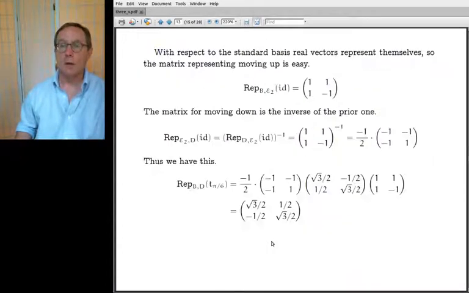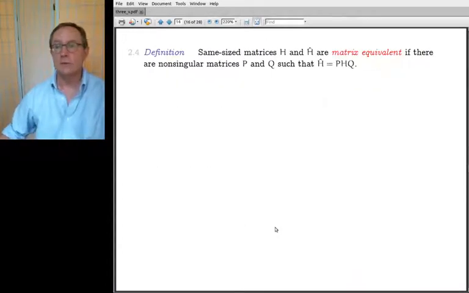And so when we finished last time, the very last thing that we showed is that we say two matrices are related by, the term for this relation is called matrix equivalent, if there are non-singular matrices P and Q where capital H is right multiplied by Q and left multiplied by P to get H hat.